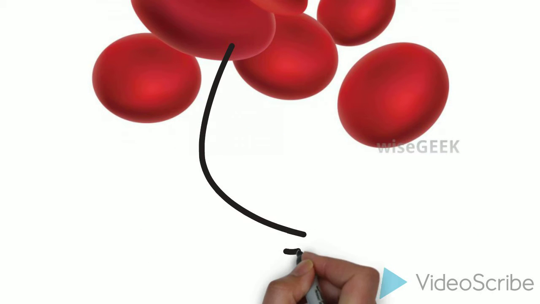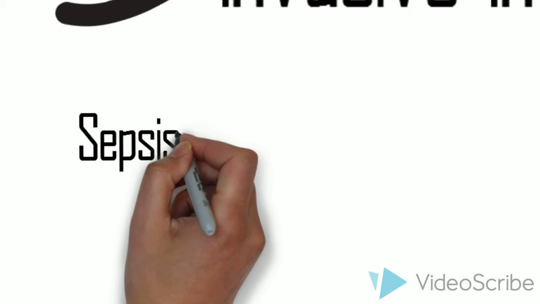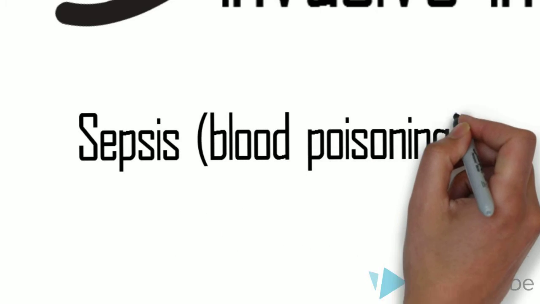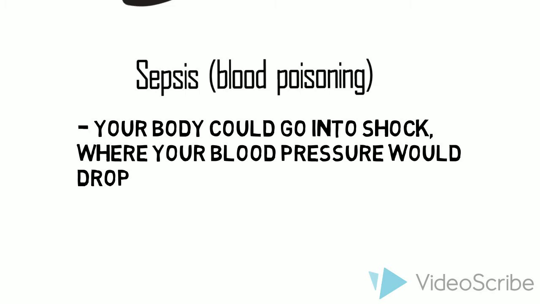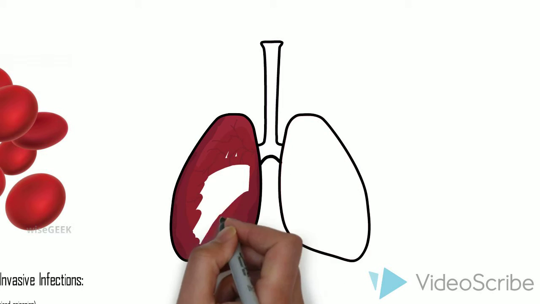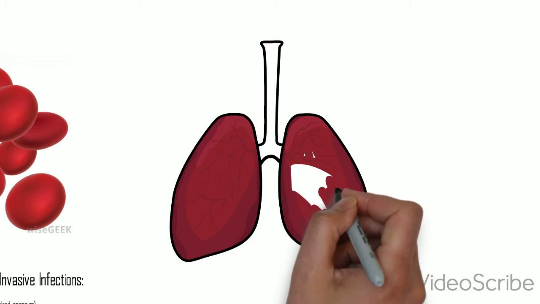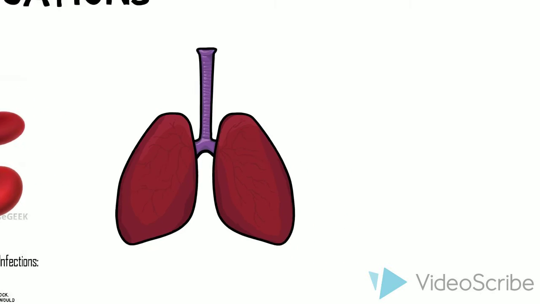If the MRSA can penetrate into your blood, it can cause invasive infections such as sepsis, also known as blood poisoning, which can put your body into shock, where your blood pressure would drop to dangerously low levels. The bacteria can also affect the lungs, where it can cause airway infections, including pneumonia.